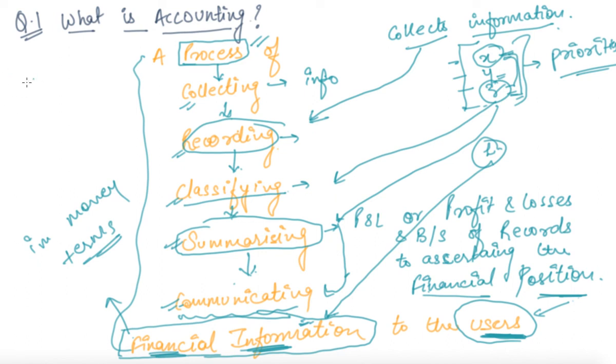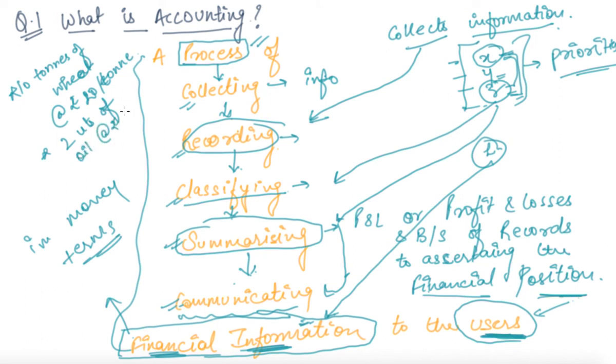Say you need to buy 10 tons of wheat at the rate rupees 20 per ton. After that, your Y product is you need to buy 2 units of oil at the rate rupees 50 per unit.